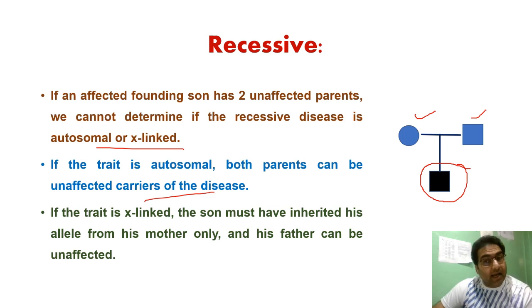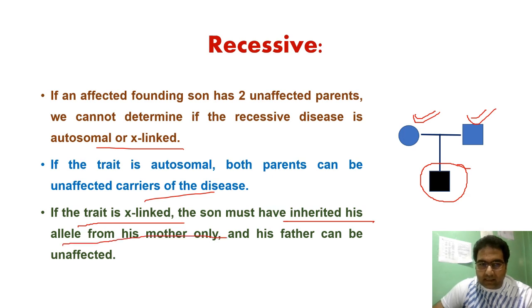Now here again, like the earlier slide, if the disease is autosomal, then both have to be the carrier. But if the trait is X-linked, the son must have inherited his allele from his mother only, and his father can be unaffected.